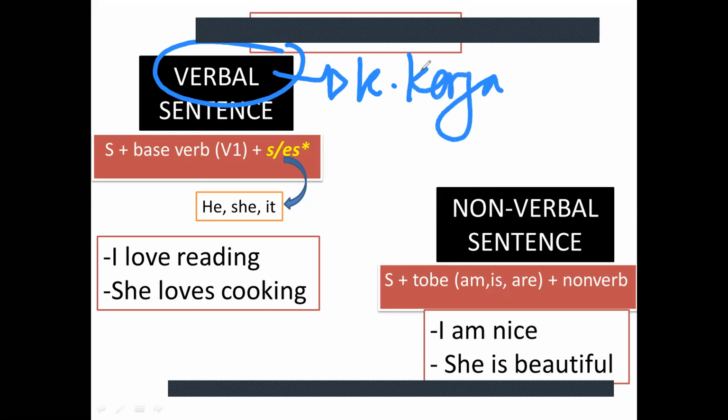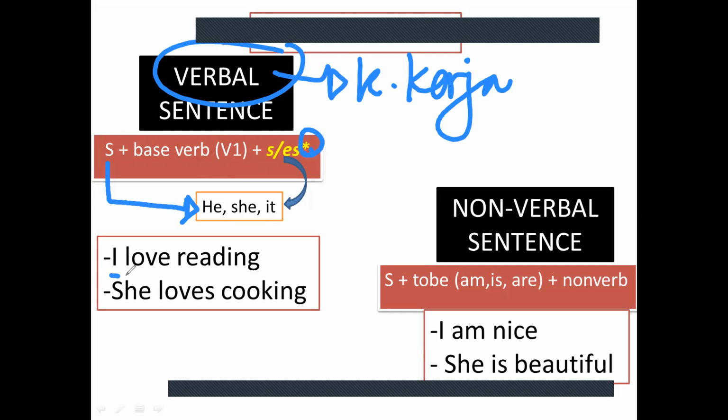When the predicate of a sentence is in the form of a verb, you need to apply this formula: subject plus base verb or verb 1 plus s or es, but in one condition, only when the subject of the verb is he, she, or it. When the subject of the sentence is not he, she, or it, you don't need to put s or es after the verb.